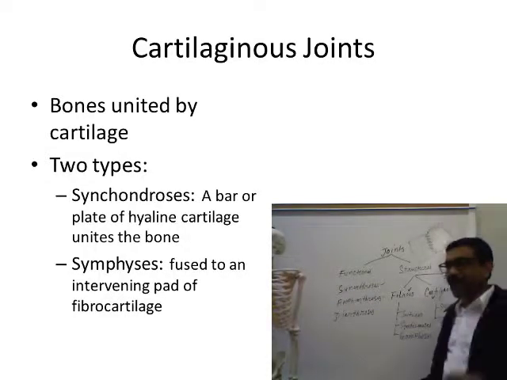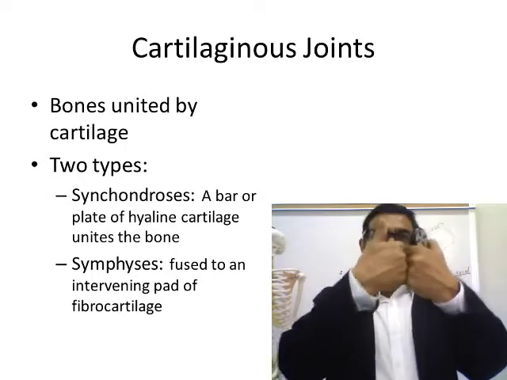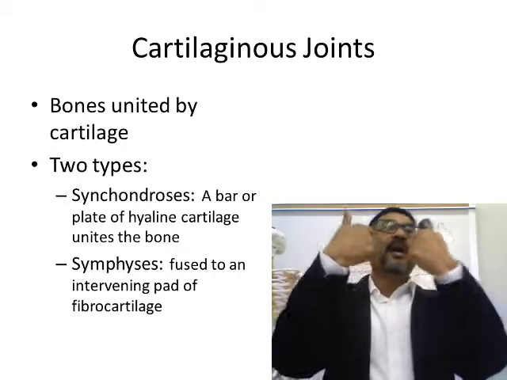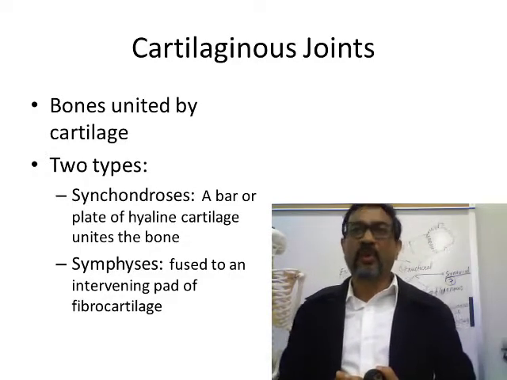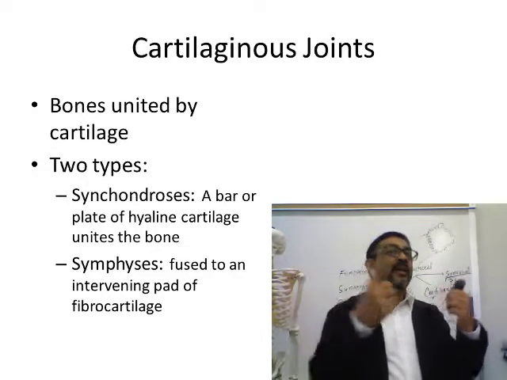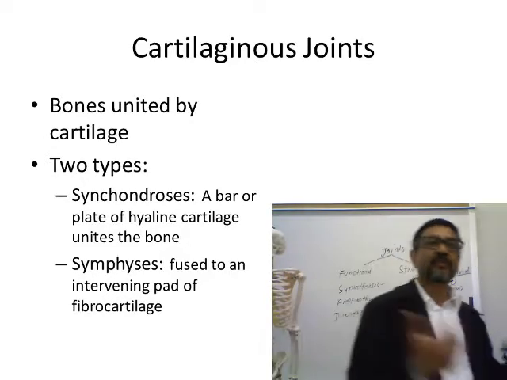Now we'll see cartilaginous, two types: synchondrosis and symphysis. Very simple. If the bones are attached by hyaline cartilage, that is synchondrosis. If the bones are attached by fibrocartilage, that is symphysis.